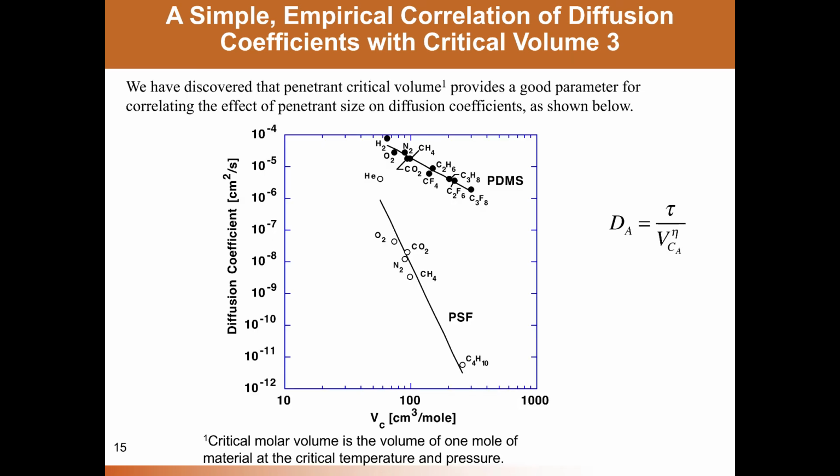So here's an example of this empirical correlation of diffusion coefficients with critical volume in polysulfone and PDMS, and it works pretty well.